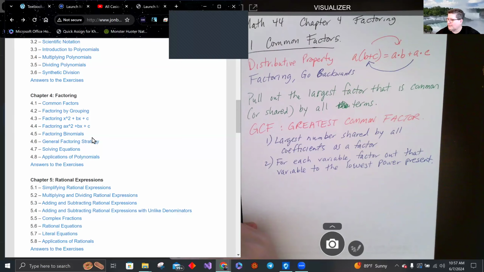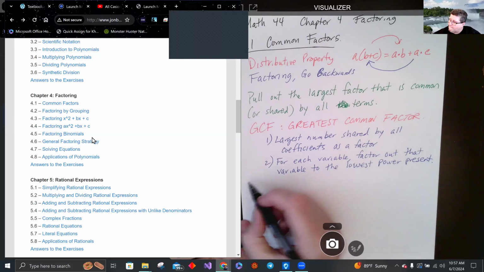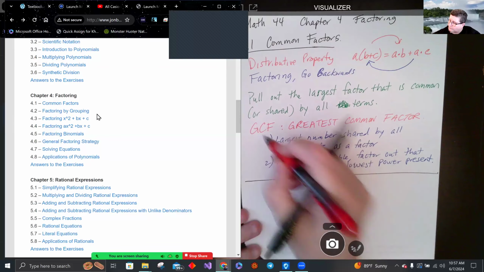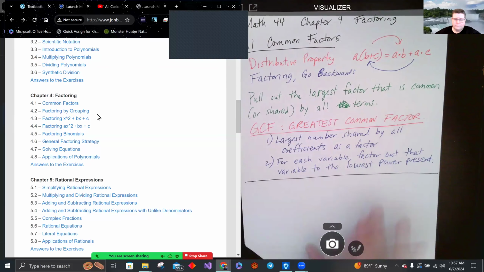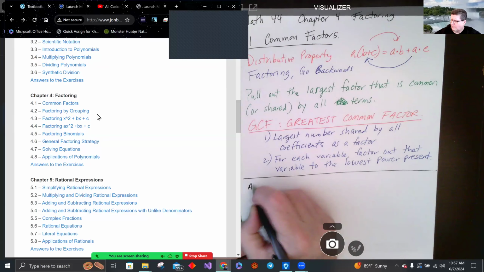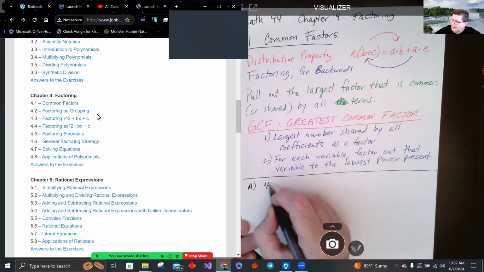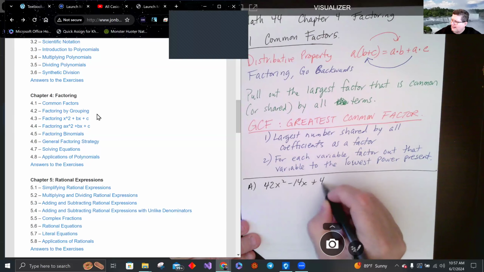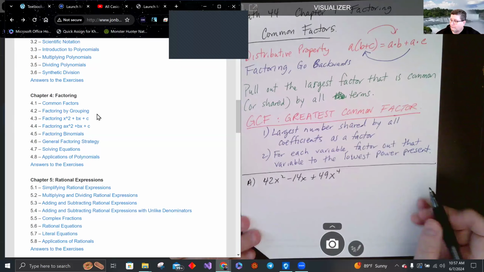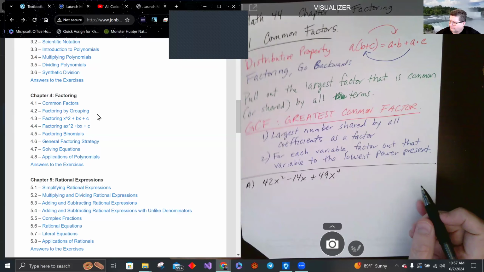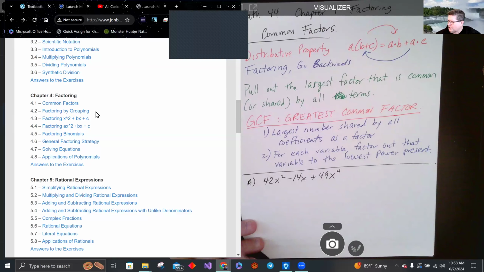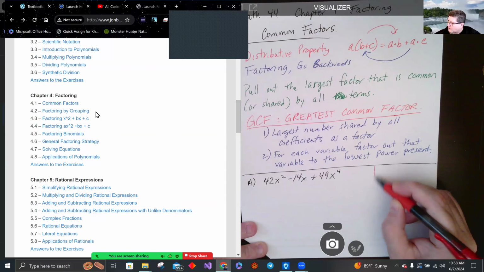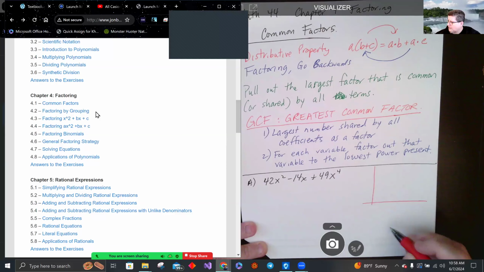All right, let's take a look at some examples. Let's go with 42x squared minus 14x plus 49x to the fourth. Okay, so I'm going to do the numbers separately from the variables.